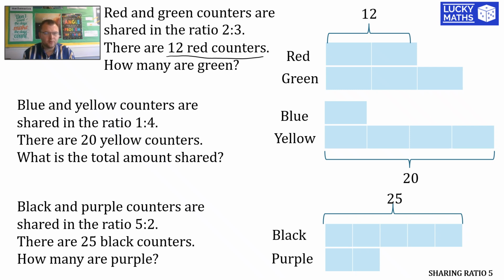So we are not told the total. And that's really important here, because if you try dividing 12 by 5 boxes, you're going to get into trouble, because each box would be worth 2.4, and there's no such thing as 2.4 counters, so it would go horribly wrong for you.